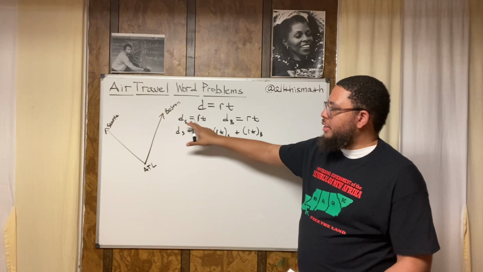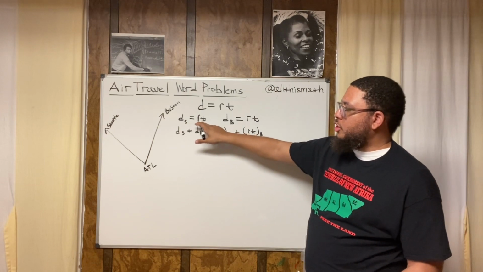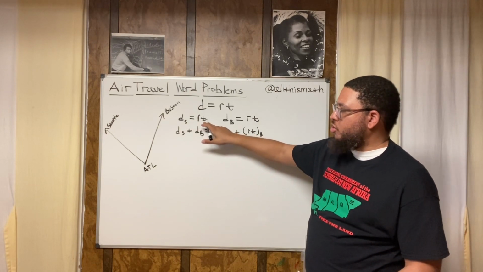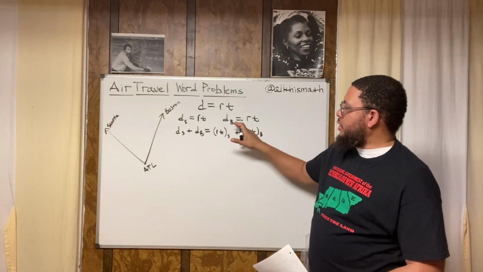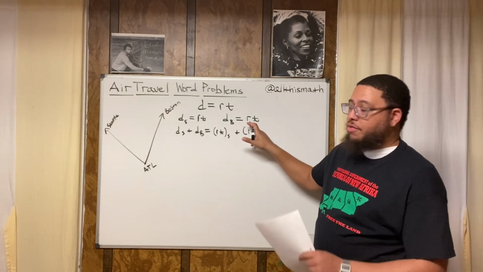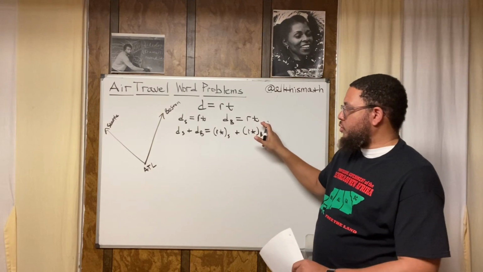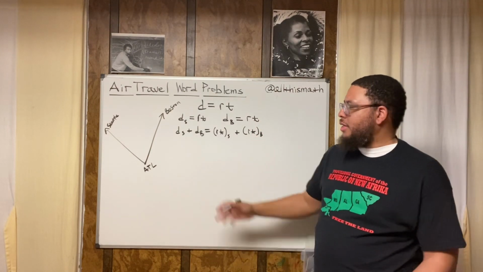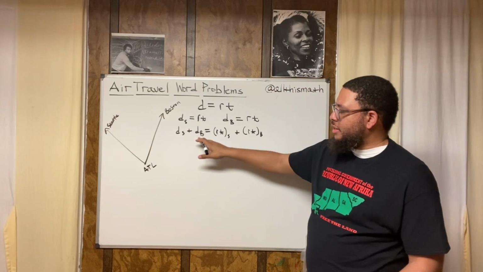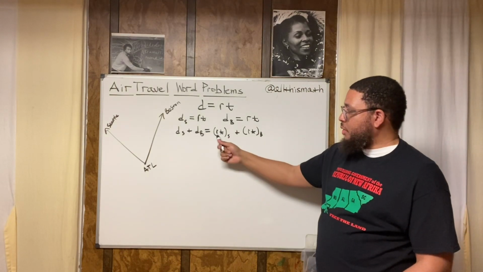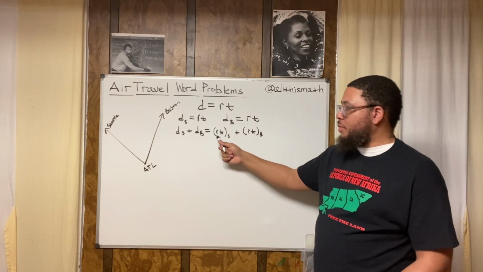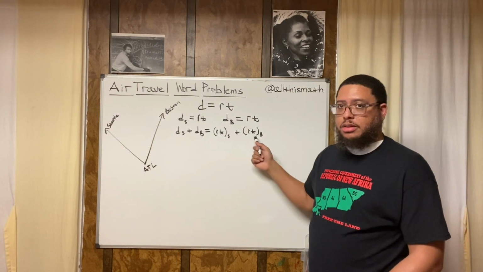If we already knew that the distance to Seattle was equal to the speed of that plane times the time traveled, and we knew the distance to Boston was equal to the speed of that plane times the time traveled, then doesn't it make sense that if we combine the distances, then we should also be able to combine the product of the speed and the time for each of the planes.